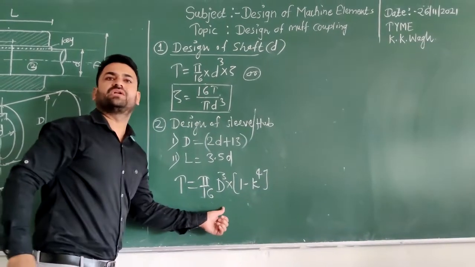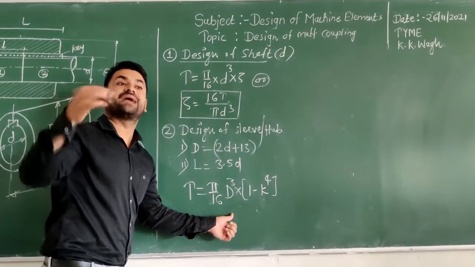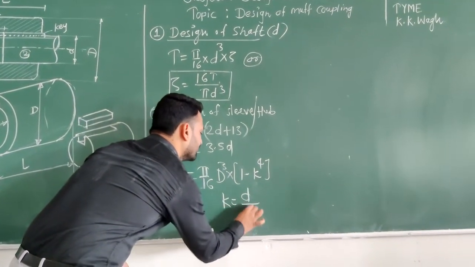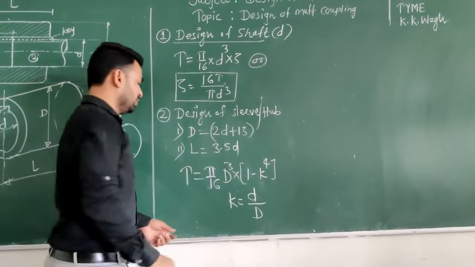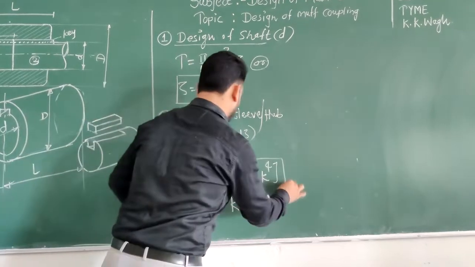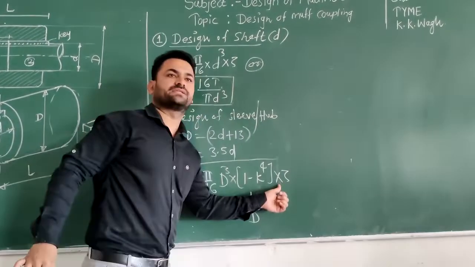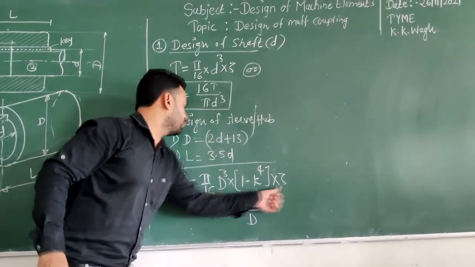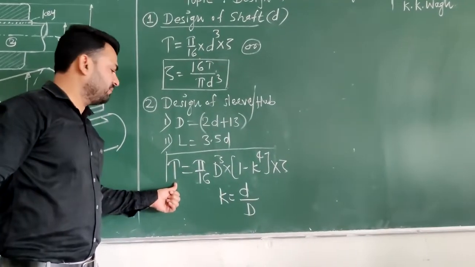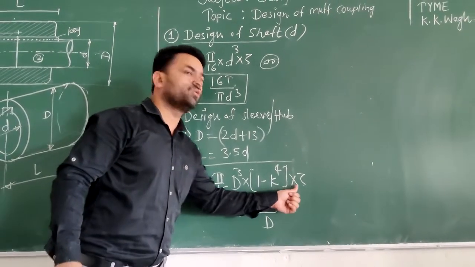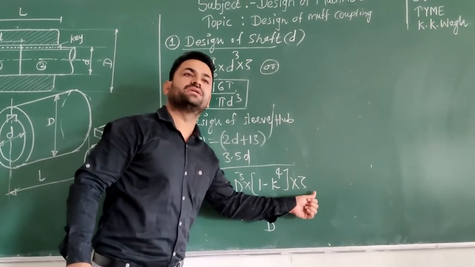Here k is the diameter ratio, the ratio of inside diameter to outside diameter.